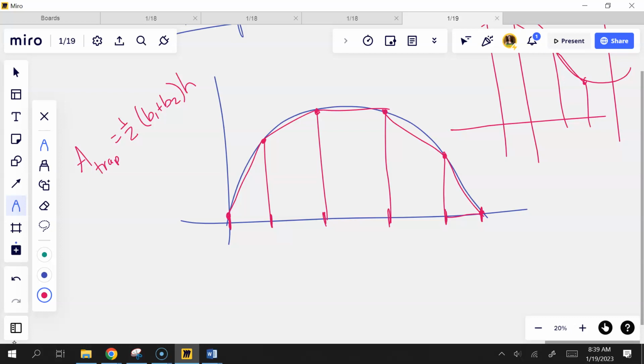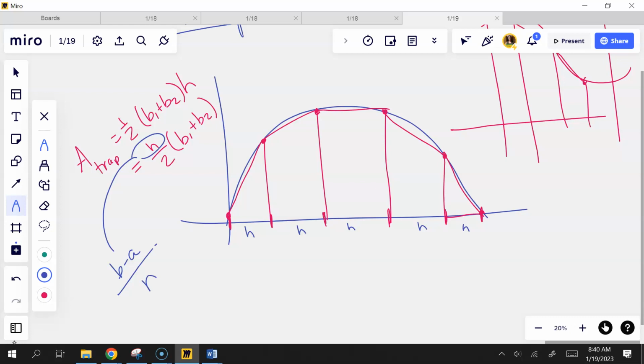All right, so I'm going to rewrite this. I'm going to put the h and the 1/2 together and call it h over 2 times base 1 plus base 2. These are my heights in terms of my formula, so my height is really my width going across. That h is b minus a divided by my number of subintervals.